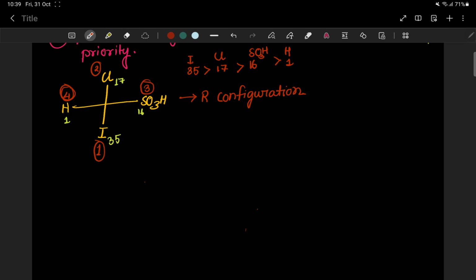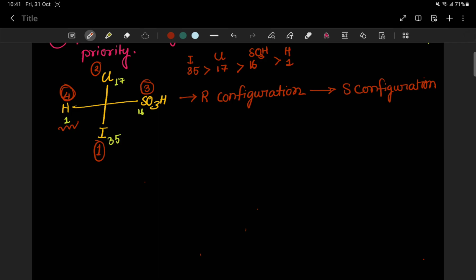But as the least priority is at the horizontal position, it will actually be S configuration. So this is how you move from 1 to 3 position.